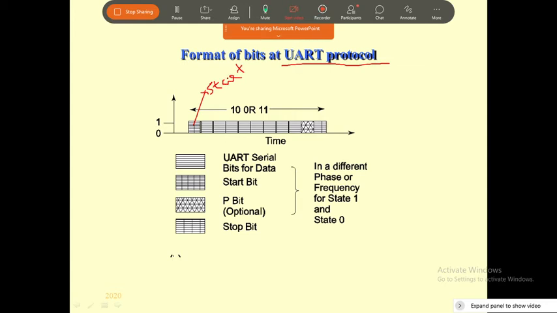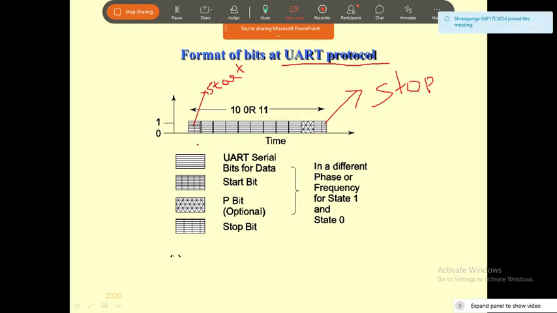Next, these are the data bits: 1, 2, 3, 4, 5, 6, 7, 8. 8 data bits will be there.